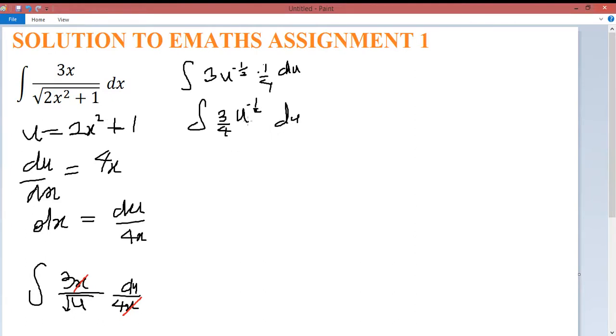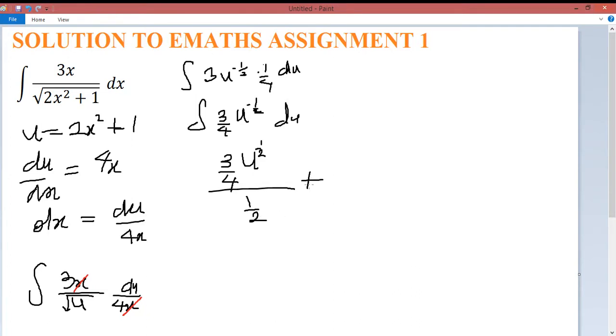Then we integrate this function. We increase the power by 1, and it becomes positive half, all over positive half.